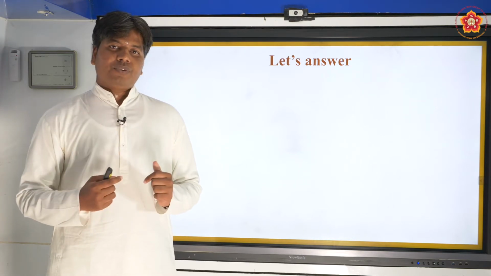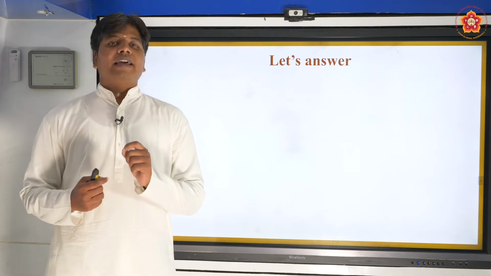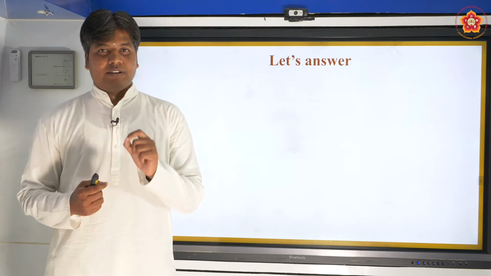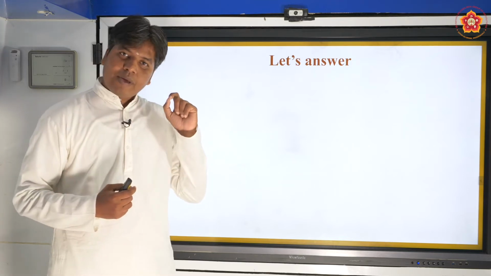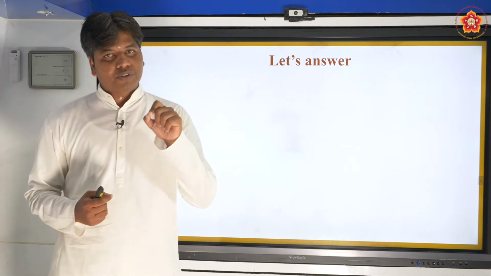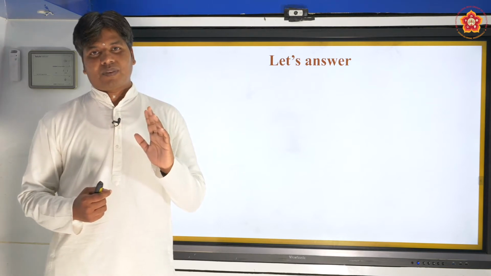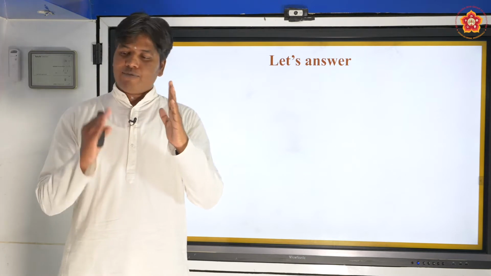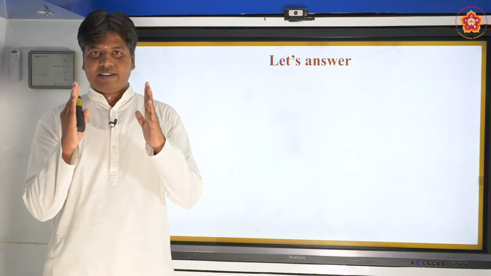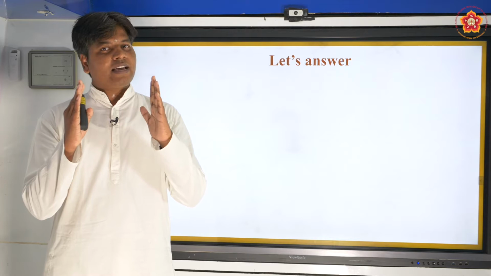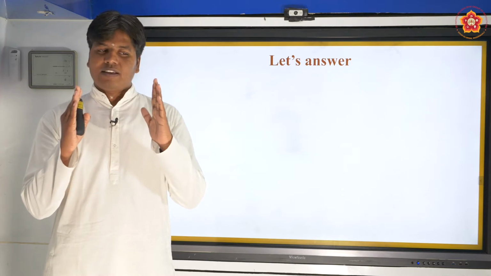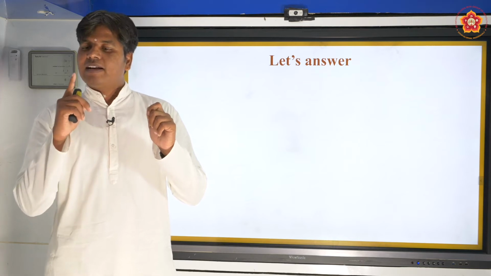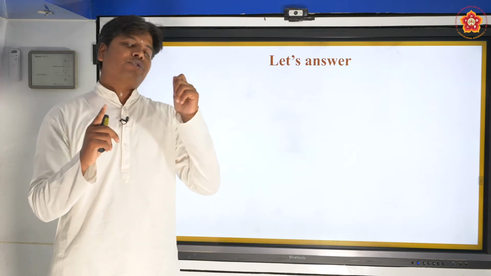We asked what is the direction of force experienced by the current carrying conductor, whether it is in the direction of the magnetic field or opposite to it. We already know that when you have a bar magnet and a current carrying conductor, there is an action-reaction phenomenon, because the bar magnet exerts a force on the current carrying conductor, and the conductor exerts a force on the bar magnet.